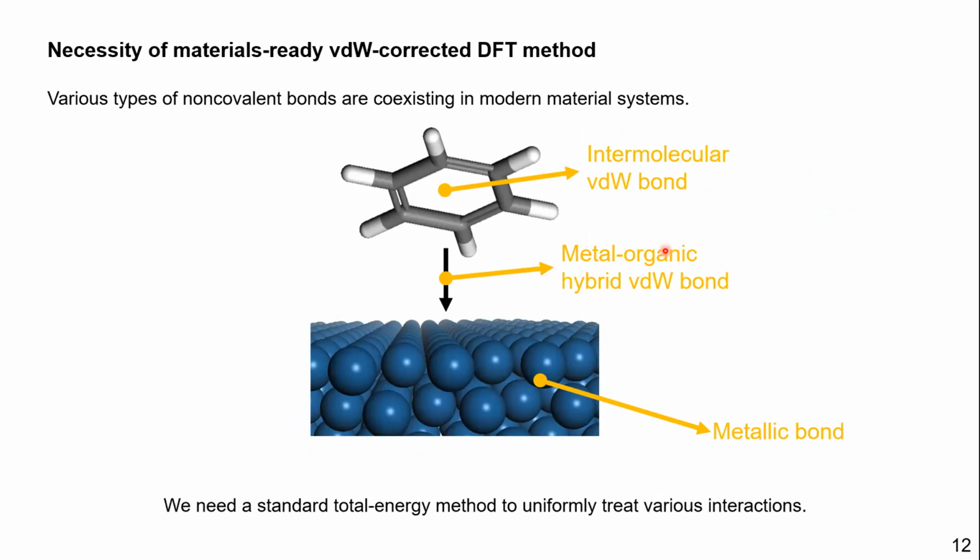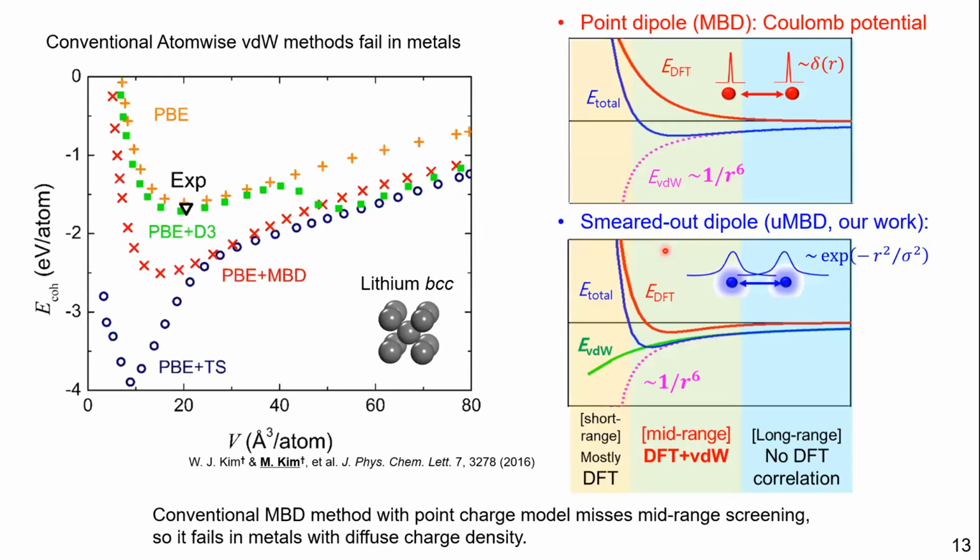To describe the correct interaction energy between molecules and metal systems, we need to think about three types of interactions: the intermolecular van der Waals interaction energy, which is classically treated in organic molecules, the van der Waals interaction energy between the metallic surfaces and organic molecules, as well as the van der Waals interaction energy that exists in metallic surfaces as well.